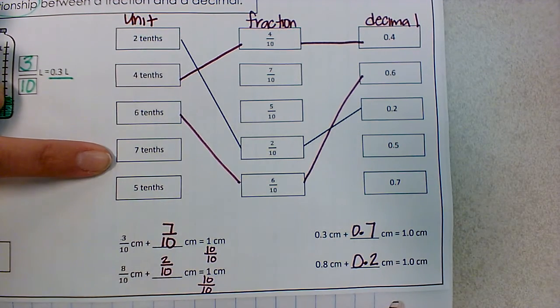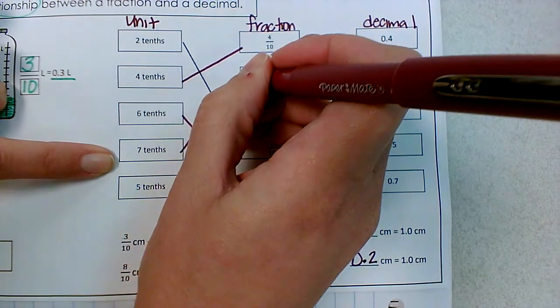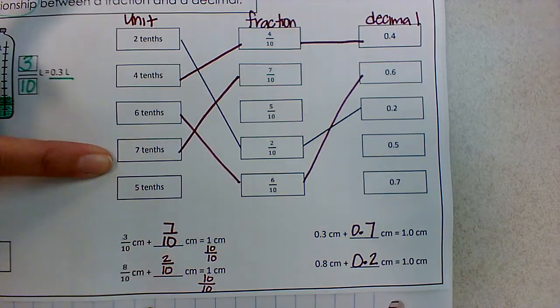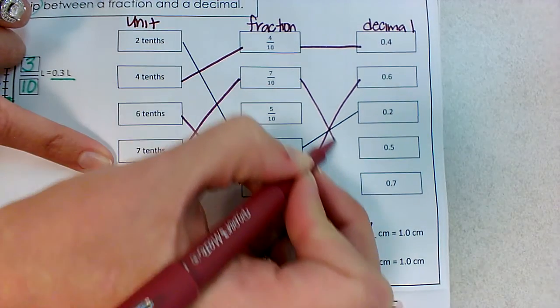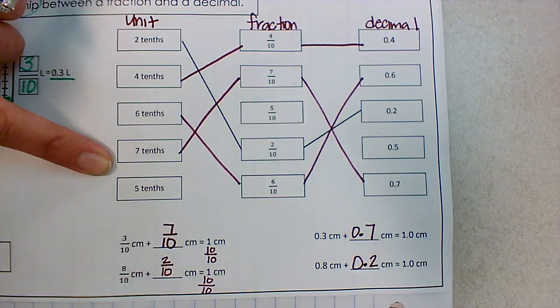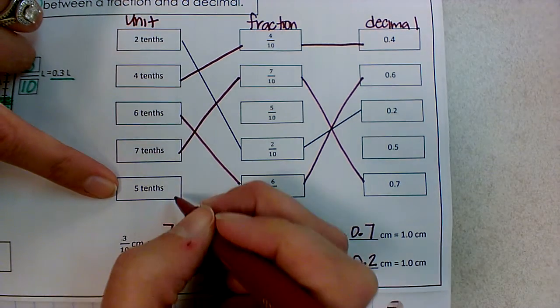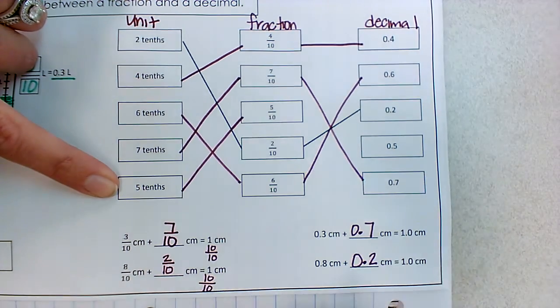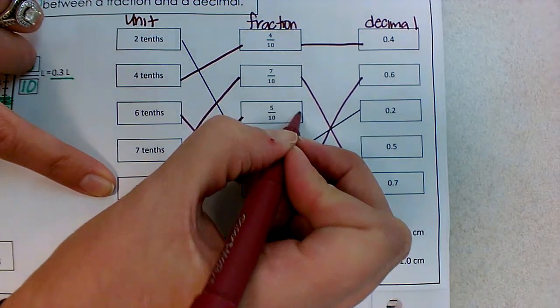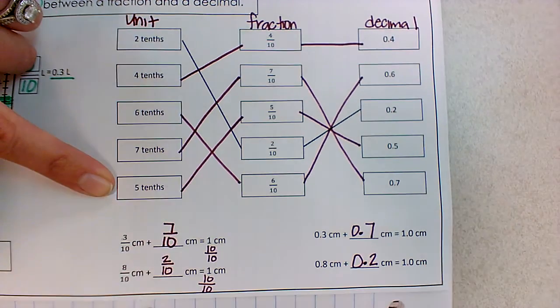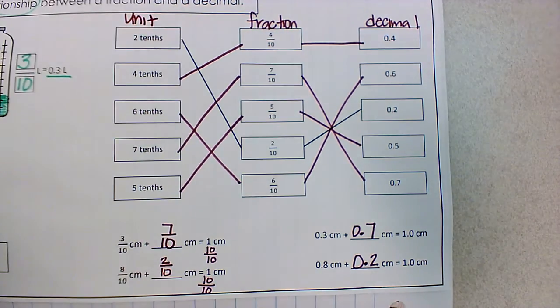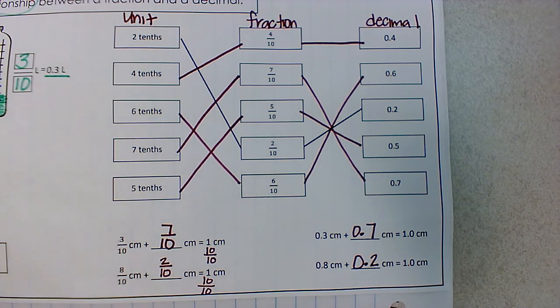Okay. 7/10 as a fraction, 7 in my numerator, 10 in my denominator. 7/10 as a decimal, I know that first digit after a decimal would be 7. And 5/10 is our last one. Here's 5/10, and my last 5/10 right here. So we'll be matching. Nice job recognizing that relationship today between decimal and fraction.